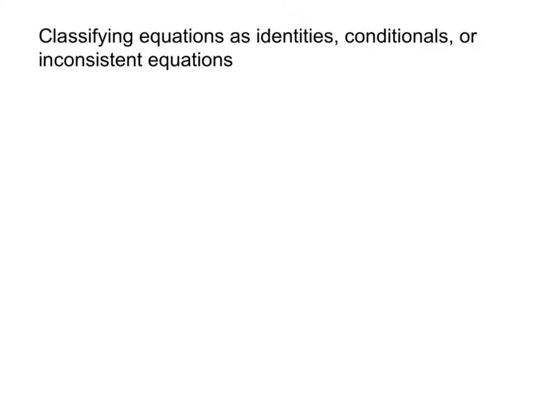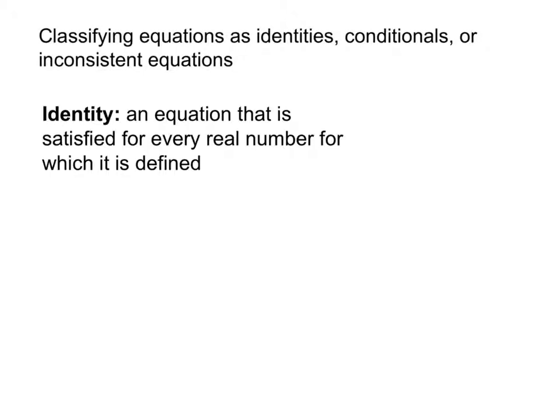For this next example, we will begin looking at what classifies an equation as an identity, a conditional, or an inconsistent equation. We'll begin with looking at the identities. An identity equation is an equation that is true for essentially any real number for which the equation is defined.